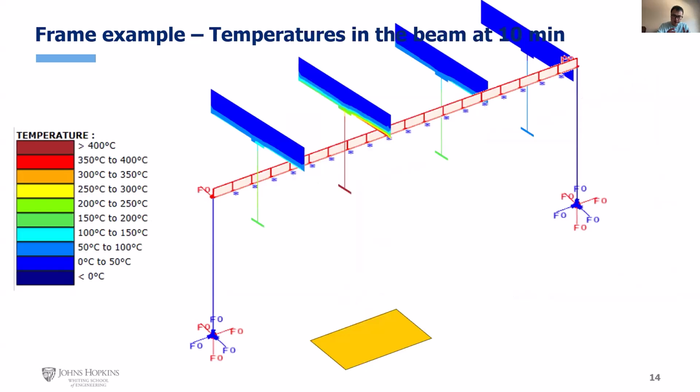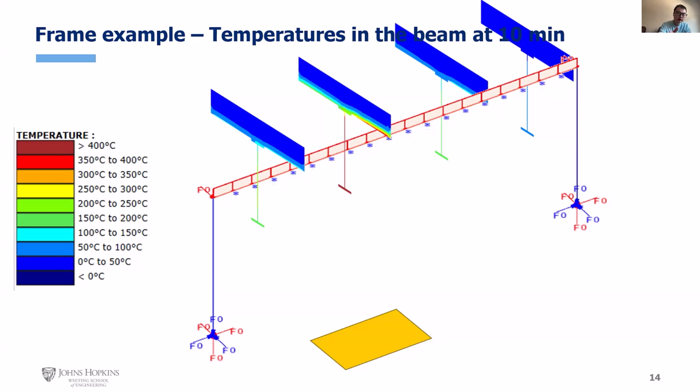Here we extracted the temperature information from the SAFIR results. The first observation is that along the length of the beam, a beam section that is closer to the fire source has a relatively higher temperature compared with a section that is relatively far from the fire.